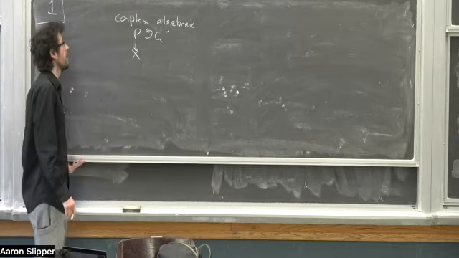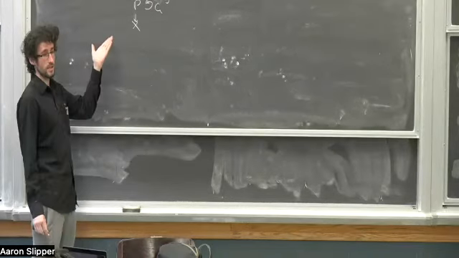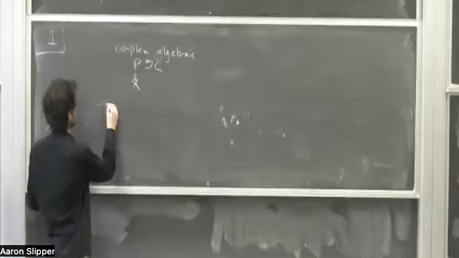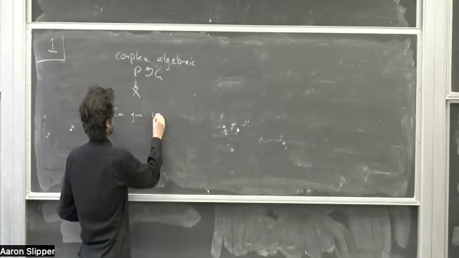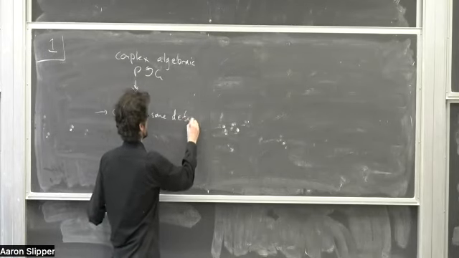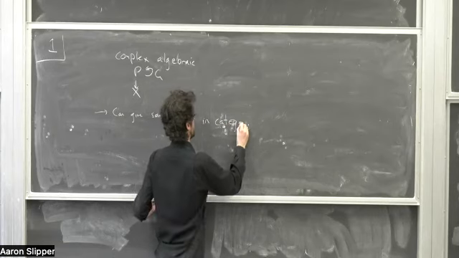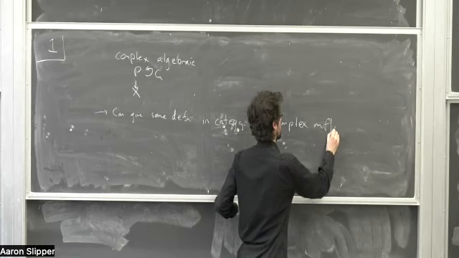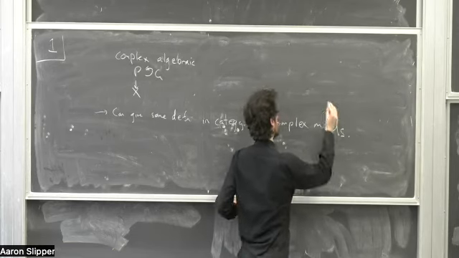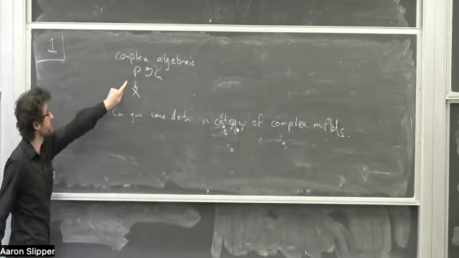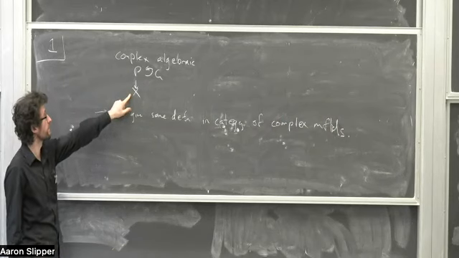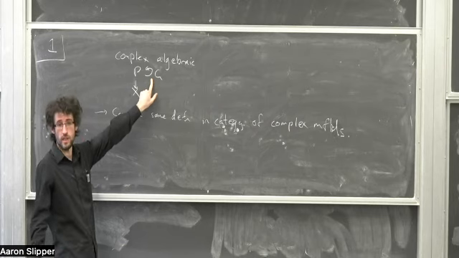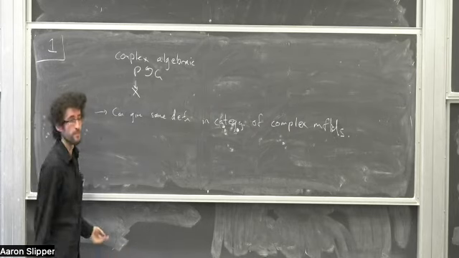Now, we can give this definition in the category of complex manifolds. So P is a complex manifold, X is a complex manifold, G acts on fibers, and it's locally trivial, where here we can just use the classical topology.